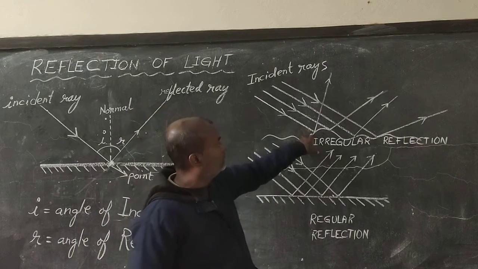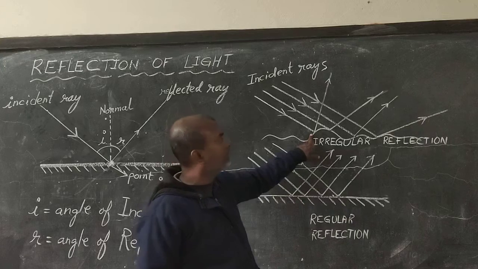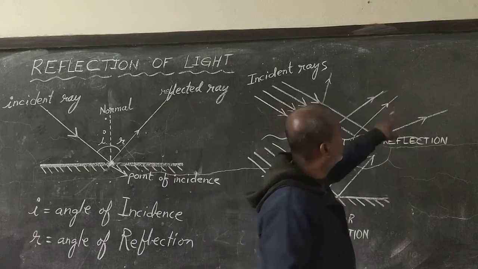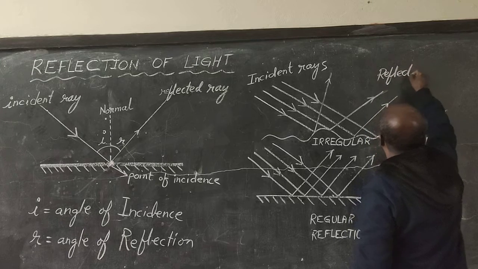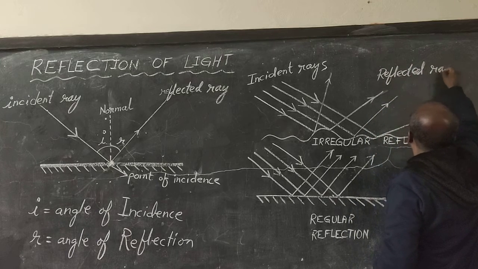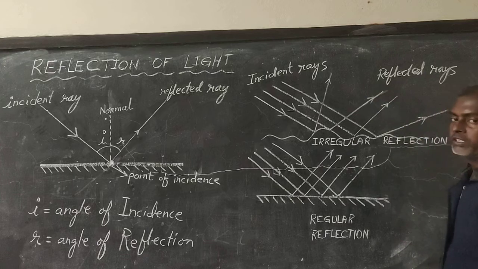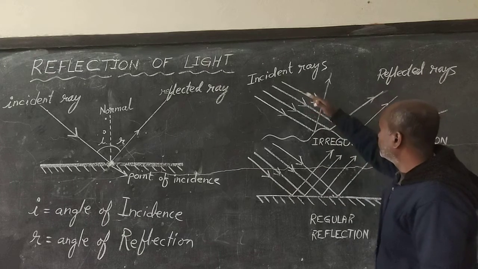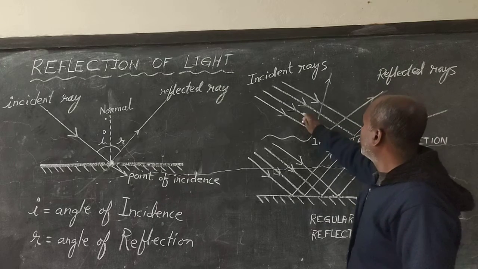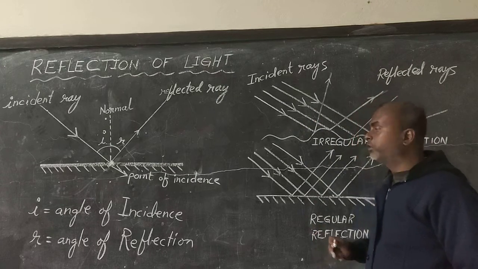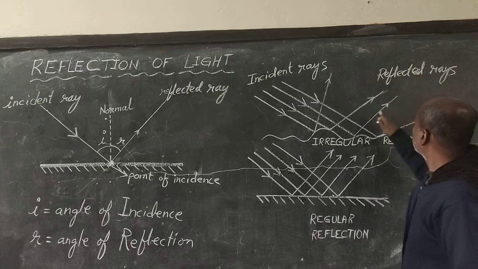But as soon as it strikes this uneven surface, these are the reflected rays. They are not parallel to each other. The incident rays which are coming towards this uneven surface, they are all parallel. There are 4 rays I have drawn, and similarly 4 reflected rays.